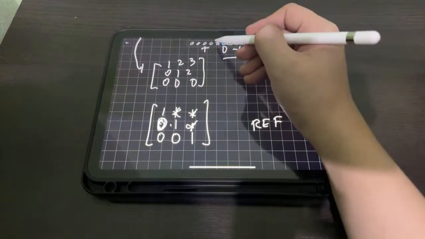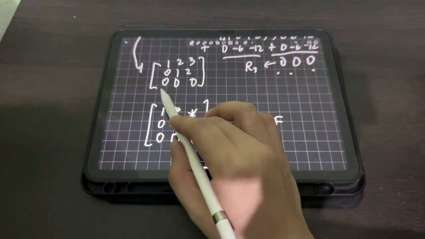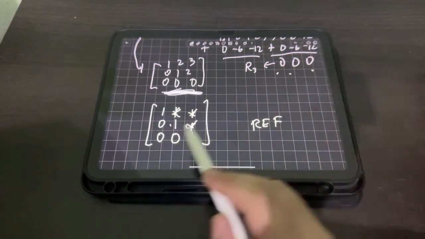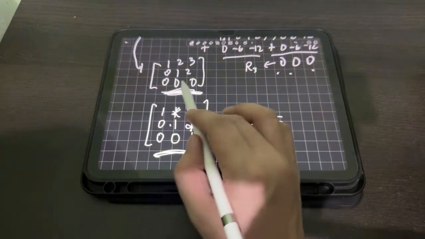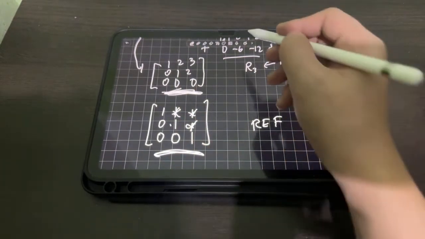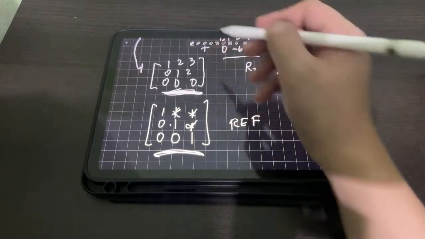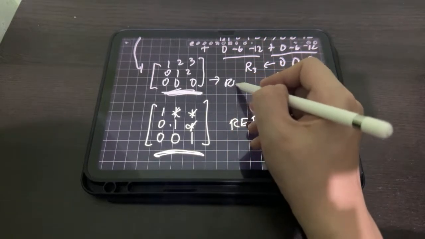Because there are also instances that, for this problem, the last row turns out to be a zero row because all its entries are zero. So we weren't able to have this expected REF form. Okay, but still, this is already in REF.